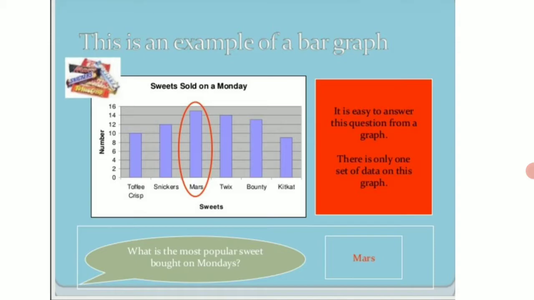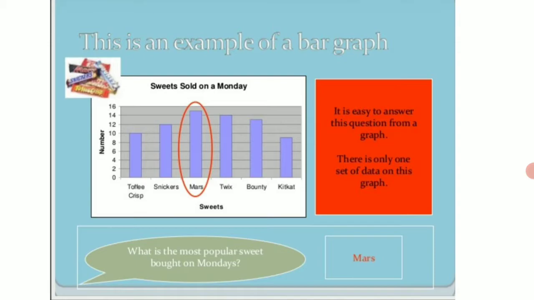Now, children, here you can see an example of a bar graph. The bar graph is showing the sweets sold on a Monday, sweets sold on a particular day of a week. The different types of sweets lie in the x-axis, and how many sweets were sold is given in the y-axis. It is easy to answer questions from a graph.